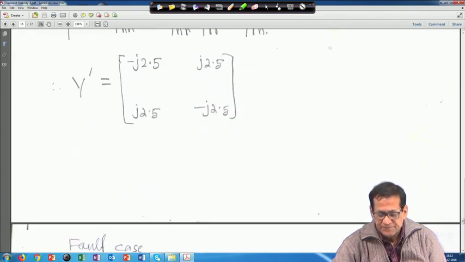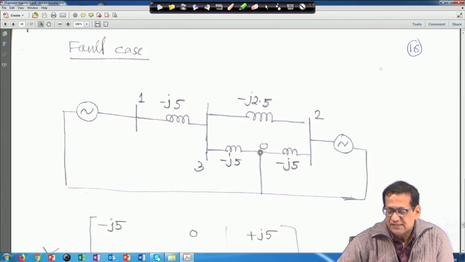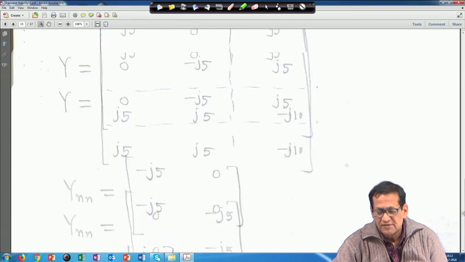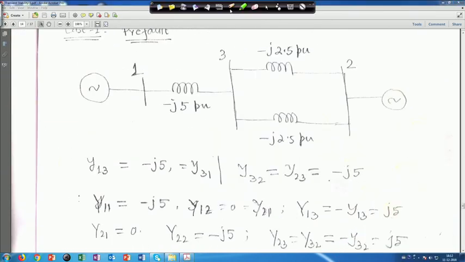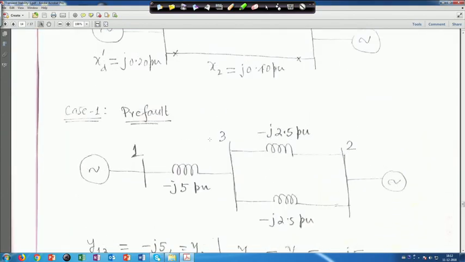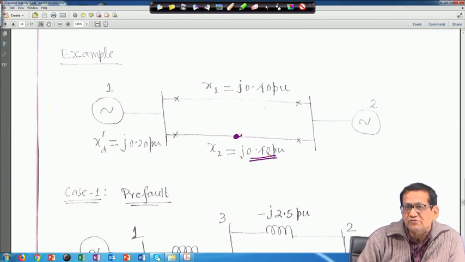Now, next is the fault case. A 3 phase fault has occurred in the middle of the line. So we will go back to the original diagram. Fault has occurred in the middle of the line, so on this side the reactance will be half.